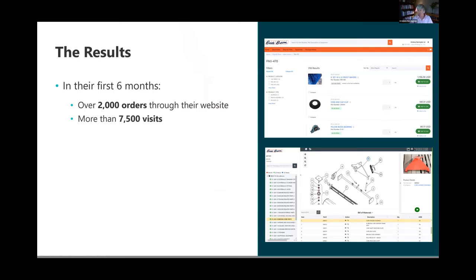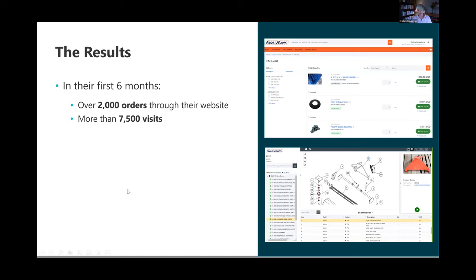So think about that, 7,500 visits to their website. And I will remind you, not every visit is to place an order, because in a digital commerce environment like the ones that OEMs offer their clients, there's so much additional information that customers might be accessing, whether that be parts manuals, operators manuals, status of their order, paying invoices, and so on.